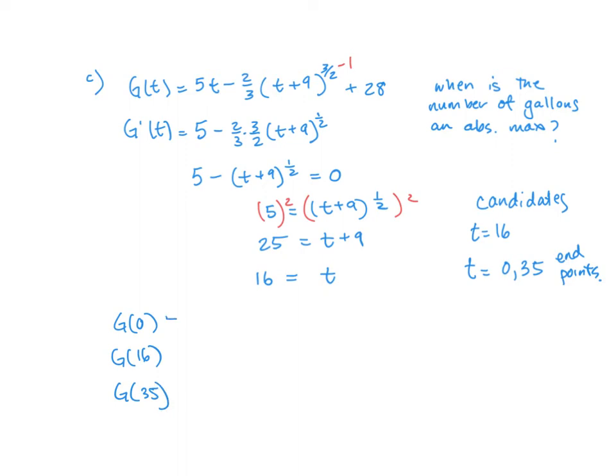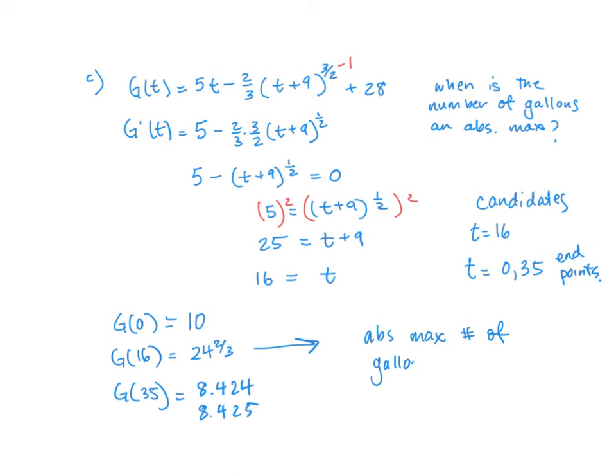I'm just going to do that in my calculator. And we get those values 10, 24 and 2/3, and 8.424. So our absolute maximum number of gallons in our tank is 24 and 2/3, and that occurs when t is equal to 16.